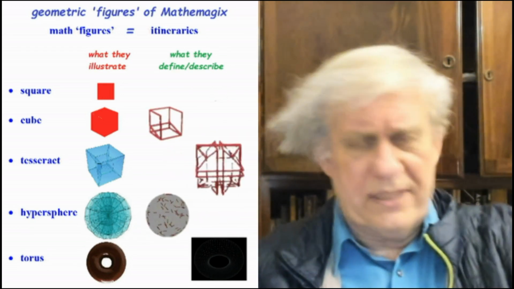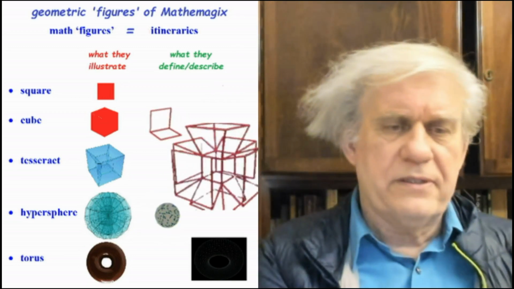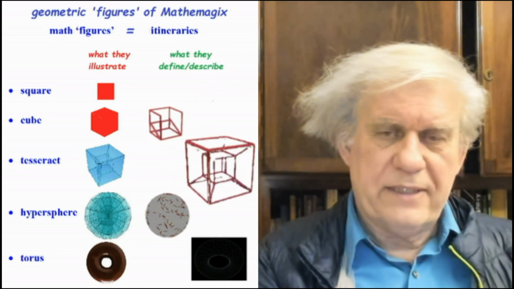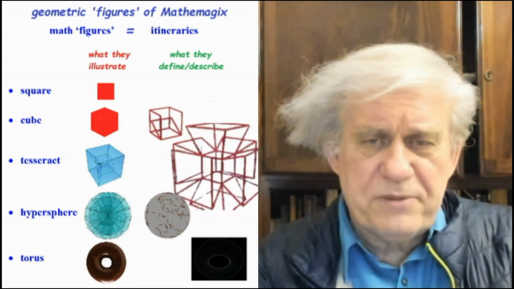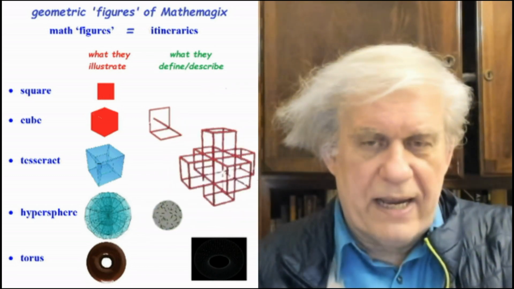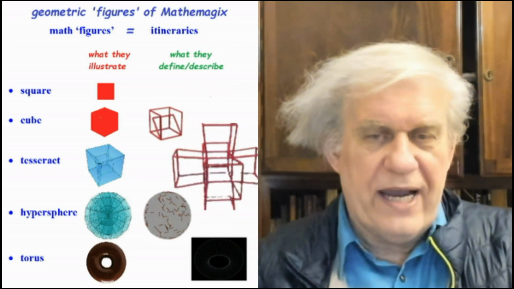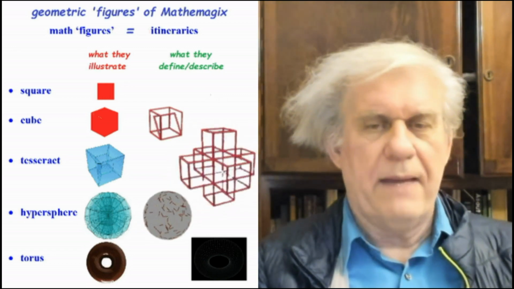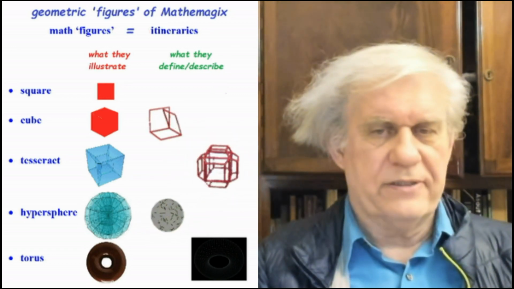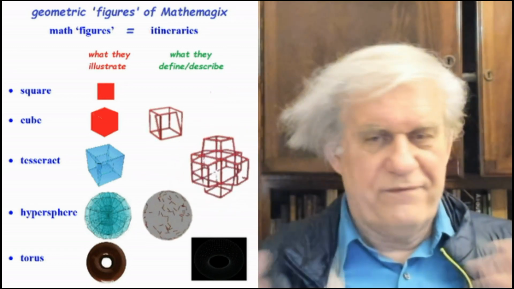I can see the tesseract or hypercube, I can see the hypersphere there as well. It's like they see it and say, see, that's a static image. But that's not what is conceptually defined or described by mathematics. When they define and describe, they get the ones on the right. They have motion and time embodied in all of these geometric figures. Until you understand that, you're just fooling yourself.